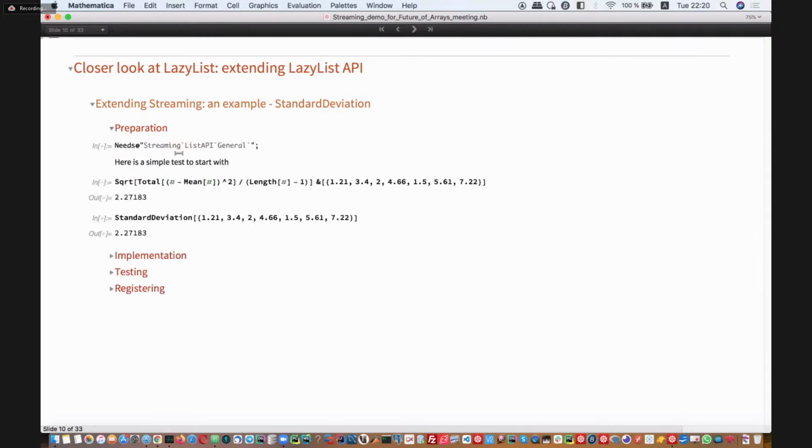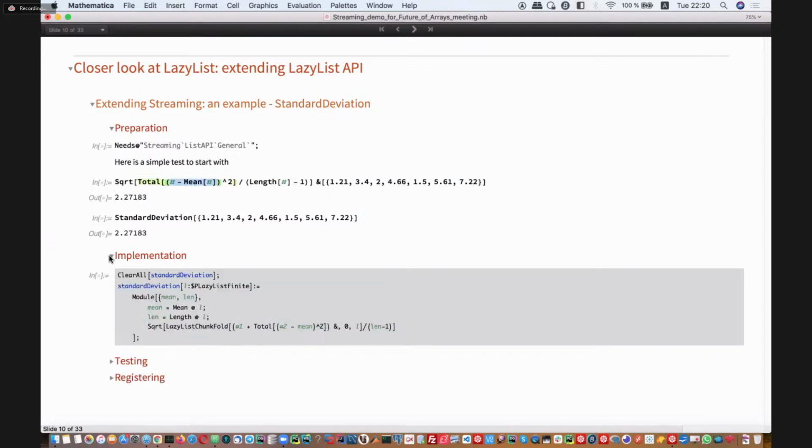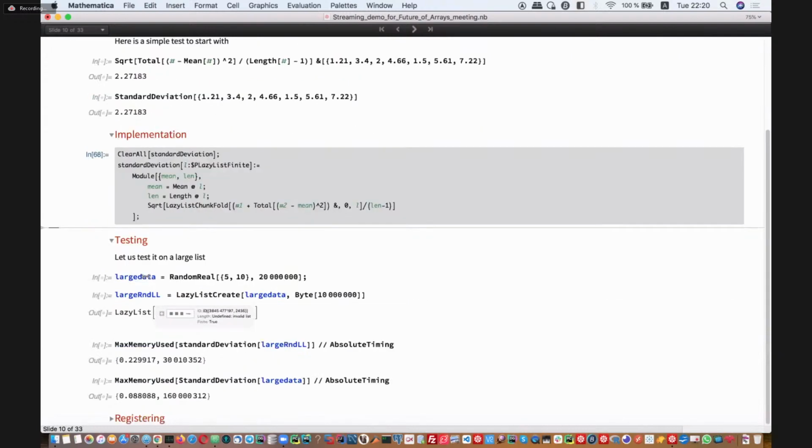I just wanted to show that it's pretty easy to extend the framework. Let's say the standard deviation is not yet in the framework, which is true. It's the obvious formula for how you compute this. Now you make an implementation like here, which is the streaming implementation.